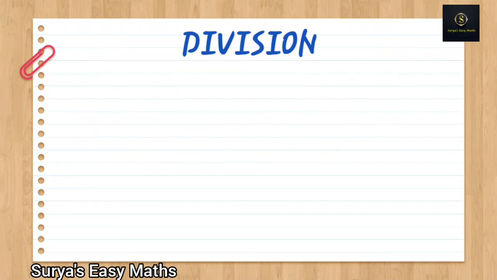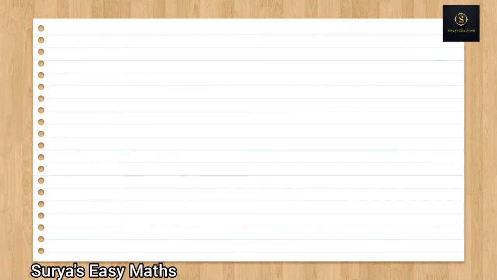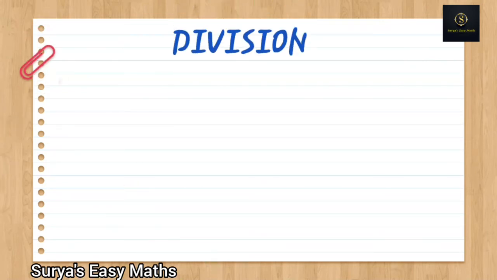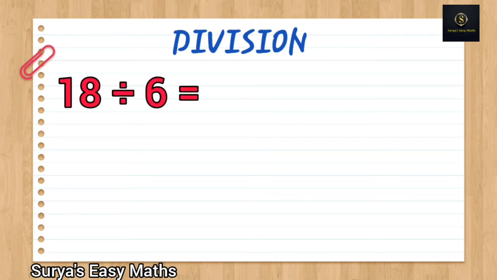Now, let's see some more examples. Our next example is 18 divided by 6 is equal to what? So children, which table do we have to see? Can you tell me? Yes, here we have to divide 18 by 6, so we will see the table of 6.